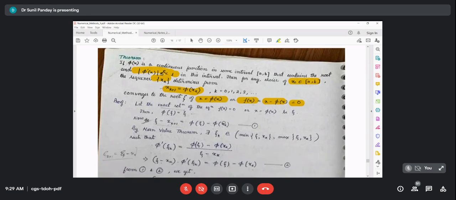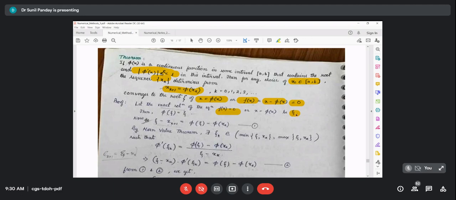So we'll see the proof. Let the exact root of the equation f x equals 0 be xi. We don't know its value yet, but we assume there is some xi for which f of xi is 0.